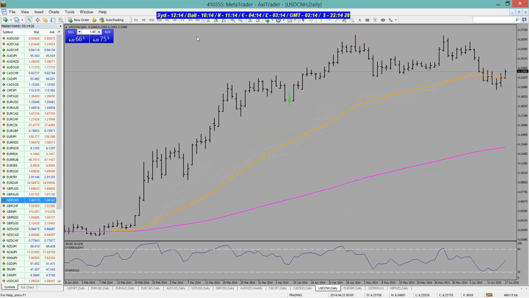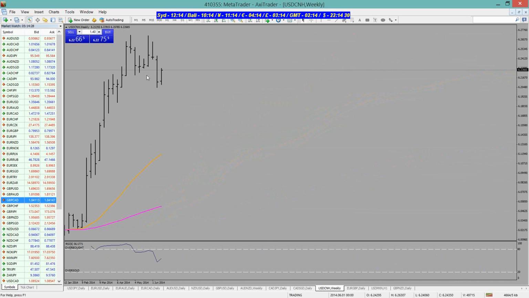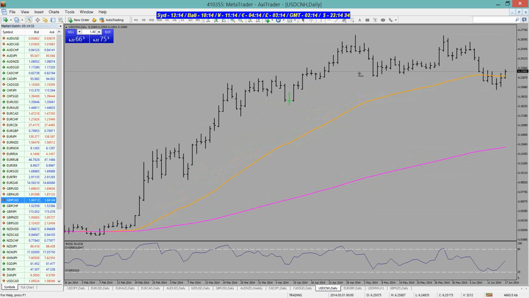Okay. Horizontal. Yeah, you could say that's a reasonable horizontal, and it's back above that. RSI is coming off the lower end, it's converging.